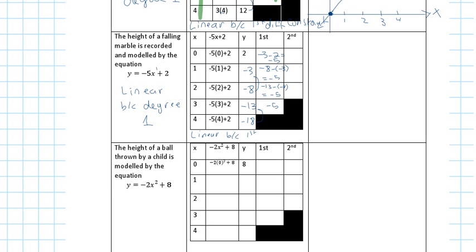So you're going to have to write linear because first difference is constant. Now here's my question to you. If you're going to draw the x and y axis, how would you draw them here? What would you pick?